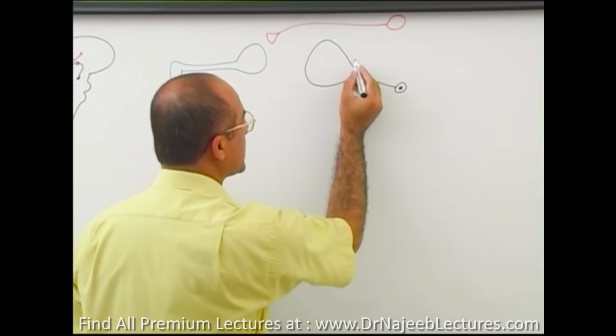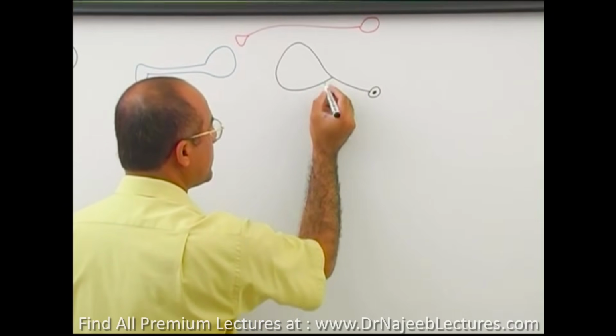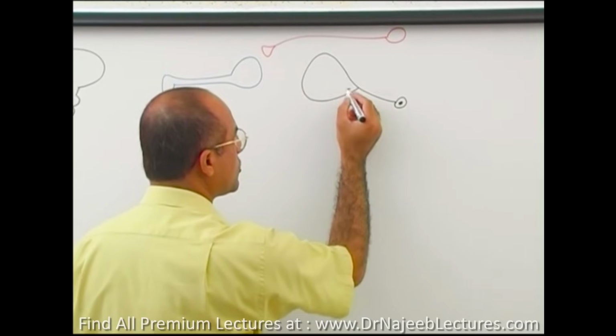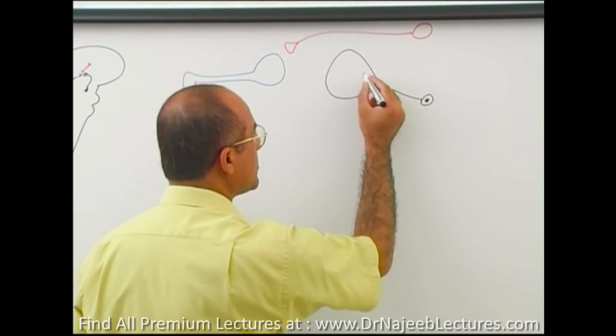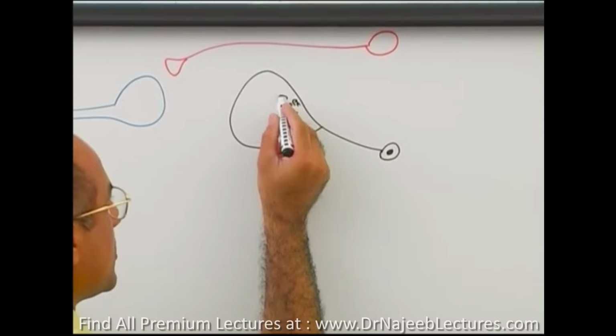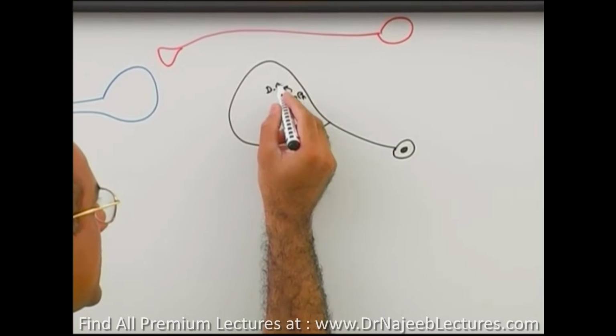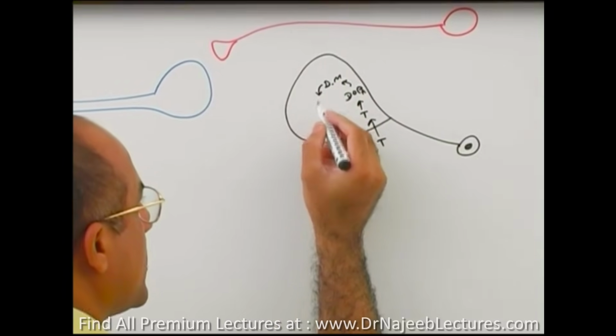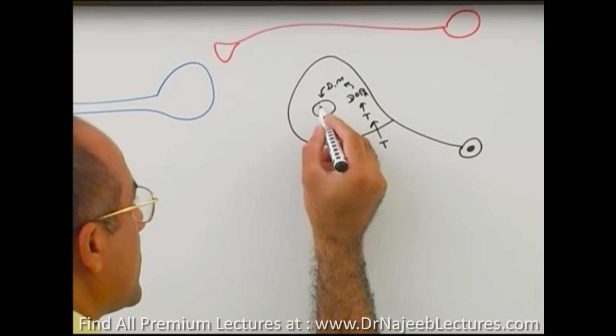You remember we were taking up which substance from the blood? Tyrosine, right? Tyrosine was taken in, converted into, yes? Dopa, very good. And dopa was converted into dopamine and dopamine was concentrated in vesicles.